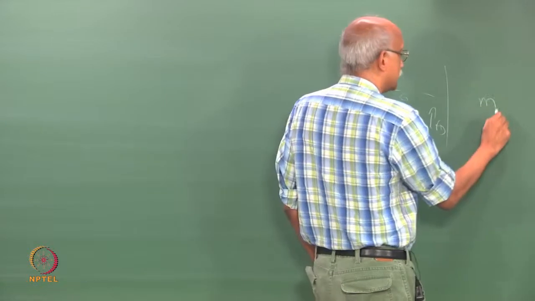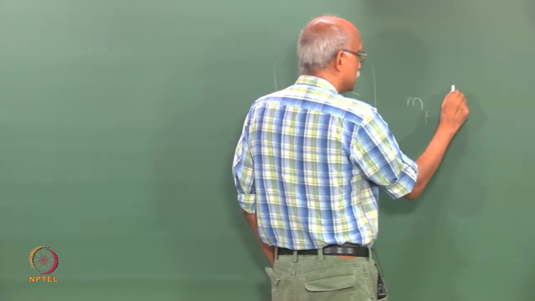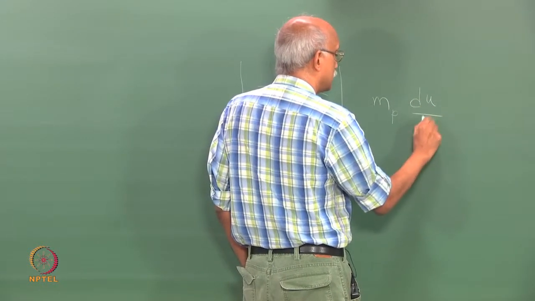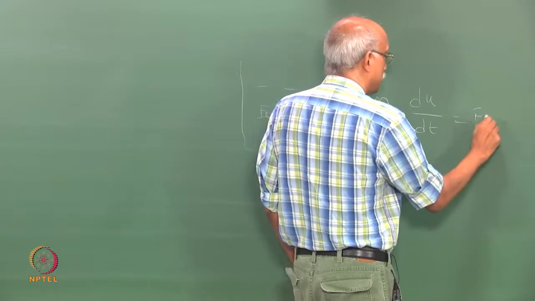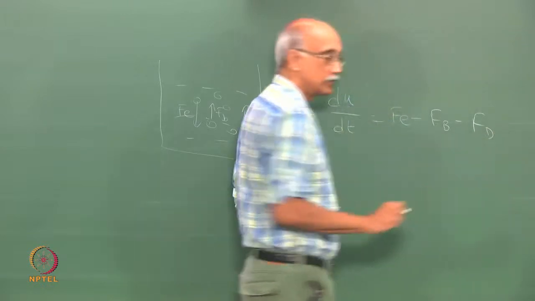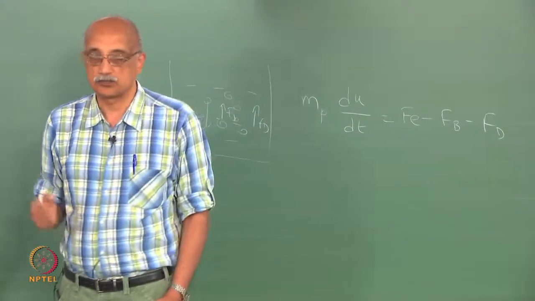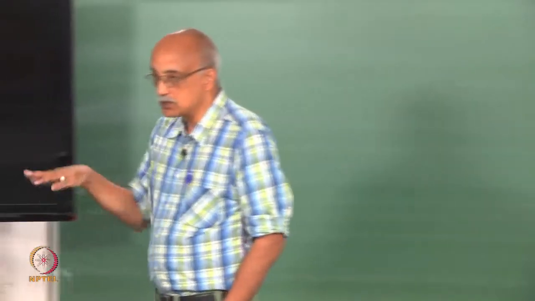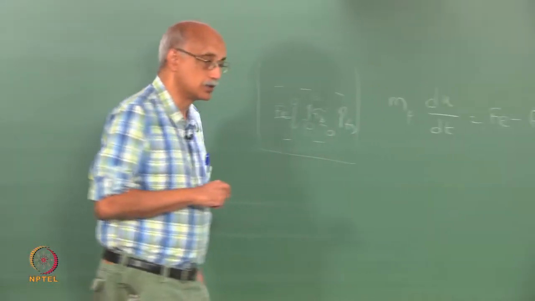So in general, the unsteady equation would say mp times du by dt equals Fe minus Fb minus Fd, and you have to solve this in order to find the time dependent motion of the particle as it moves through the fluid.